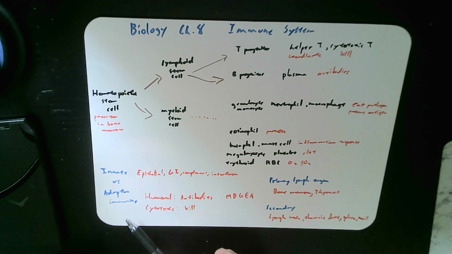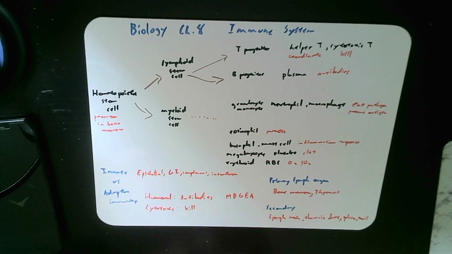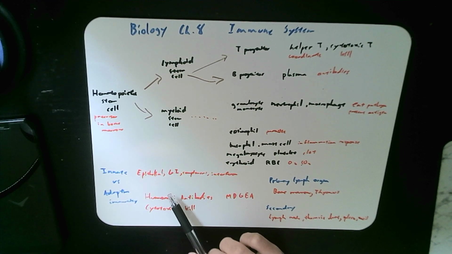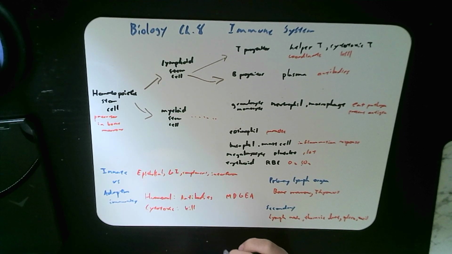Right, we have innate versus adaptive immunity. What's innate? Well, innate, basically, we don't really have to do much. Our cells don't really have to launch an attack. It's just natural. It's like a natural body defense, like epithelial blockage or the GI tract with acid in it. Complement from the cells binding, non-specific binding, and interferons, just non-specific immunity.